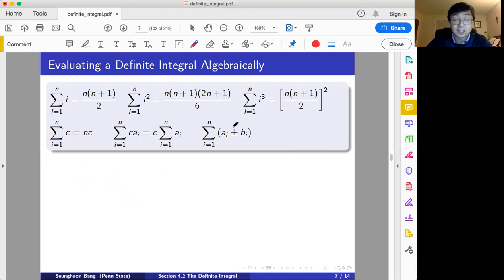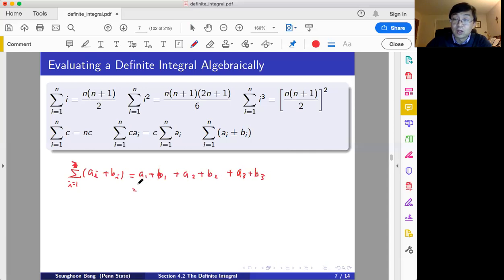Next, what's the summation of a i plus or minus b i? I'll use the positive one first; the negative one gives the same answer. Think about the simple case of 3: the summation from i equals 1 to 3 of a i plus b i. How can you solve it? Plug 1: a1 plus b1 is the first one. Plus plug 2: a2 plus b2. Plus plug 3: a3 plus b3.